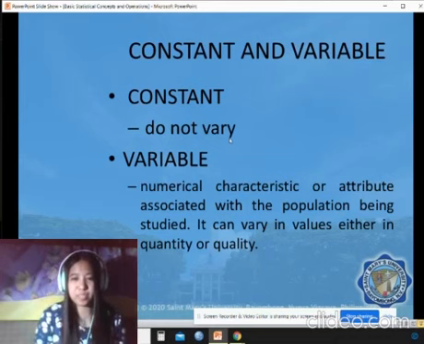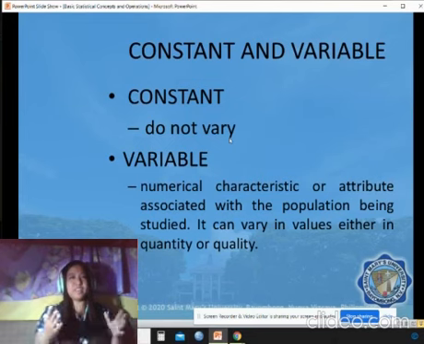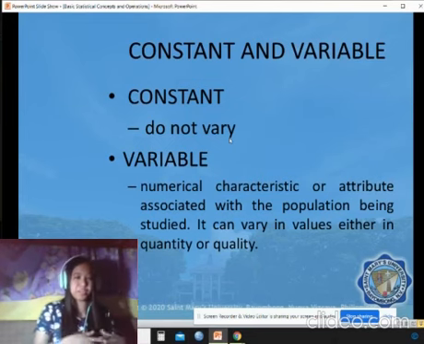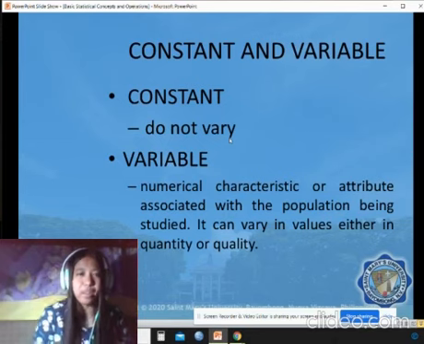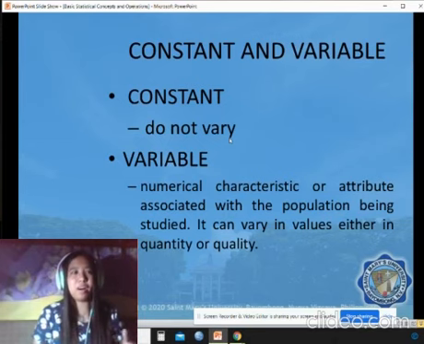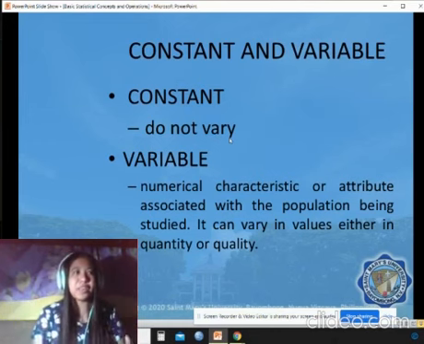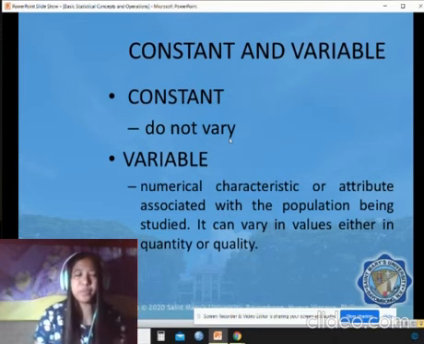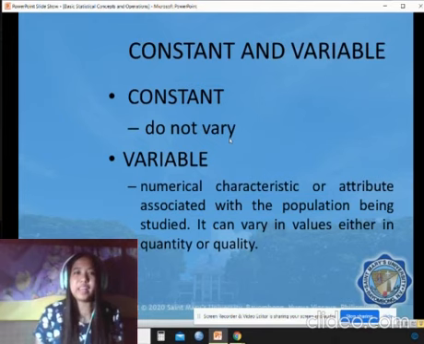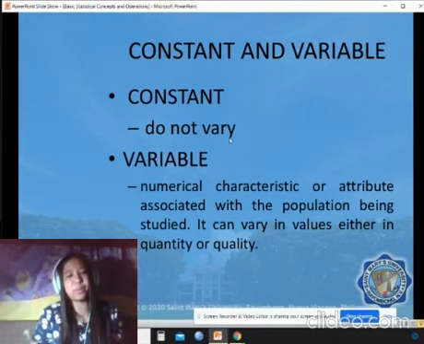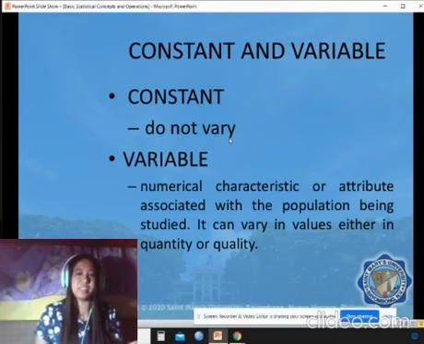But in statistics, when we say that it is constant, it doesn't mean that because your sex is male or you're female, it's already a constant variable. Because remember, we are using statistics when we are analyzing a group of persons. It's not only for an individual person. So if we consider one whole class, and I consider that the respondents of the study will be restricted to male students only, then sex as a variable is constant in the study.